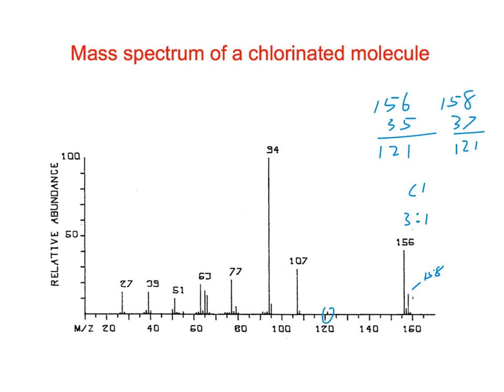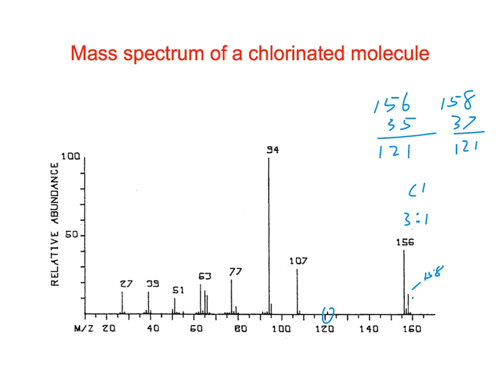We can tell that because of the ratios. If it's not favorable to lose only the chlorine, so if we take, say, 35 plus carbon or something, well, we wouldn't include just a carbon, right? It would be more likely to include a CH2 group.